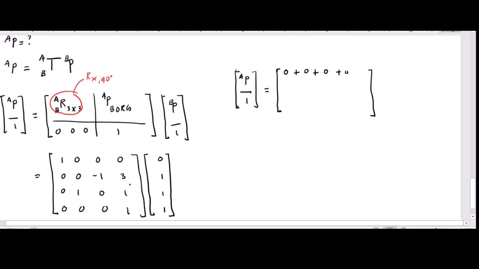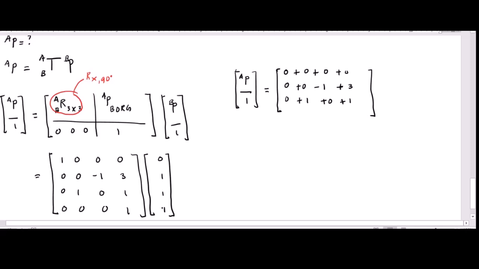That's how to multiply. Next, the second row, 0 times 0 is 0. And then 1 times 0 is 0. 1 times negative 1 is minus 1. 1 times 3 is plus 3. Next, for the third row, 0 times 0 is 0. 1 times 1 is 1. 1 times 0 is 0. 1 times 1 is 1.